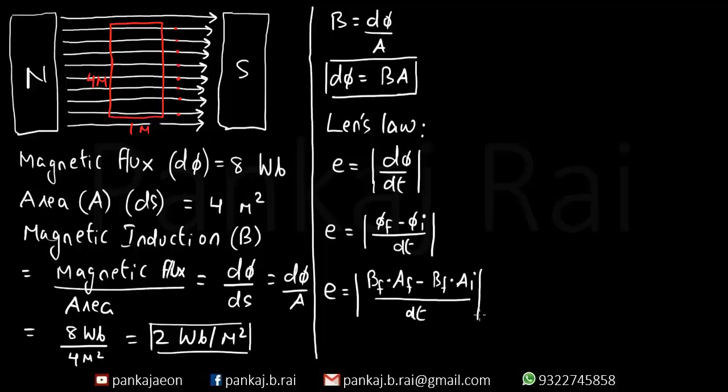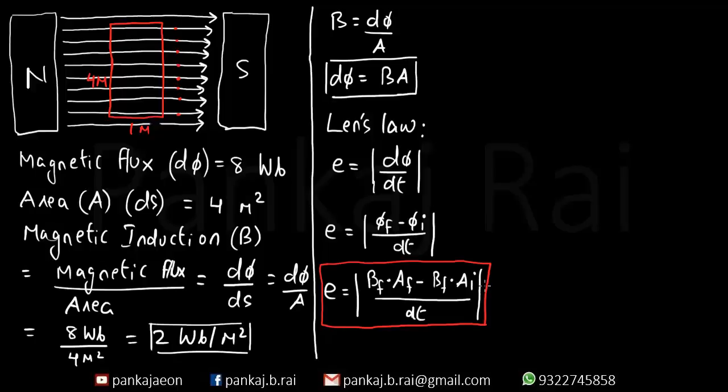So this is the formula for induced EMF in a coil due to change in magnetic flux. If we change the area of the coil or the magnetic induction, there will be an induced EMF in the coil given by this formula.